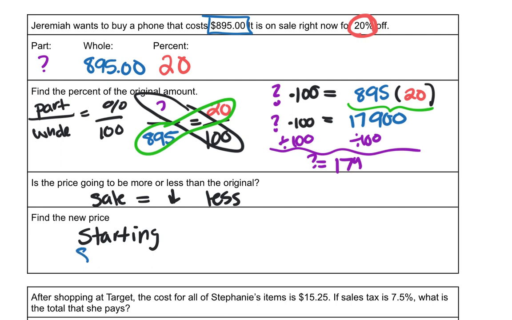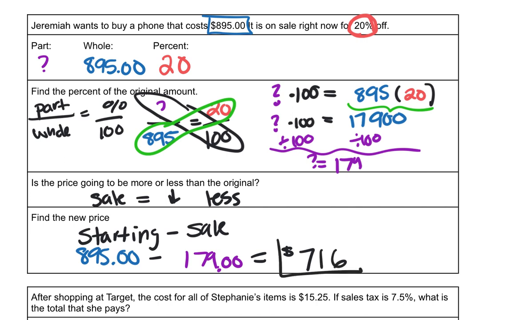The phone started at $895.00, and I'm going to subtract the sale price, the $179. And the final cost is going to be $716.